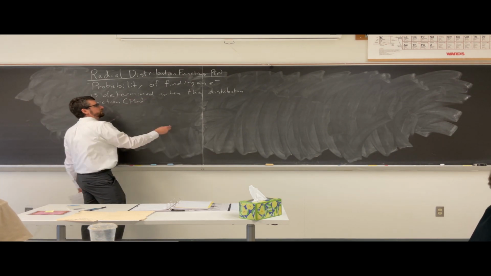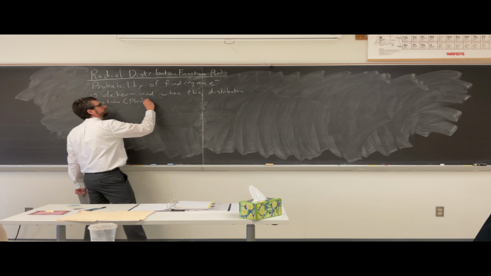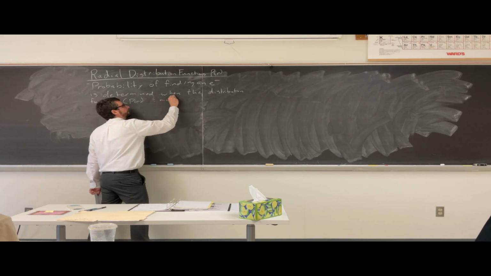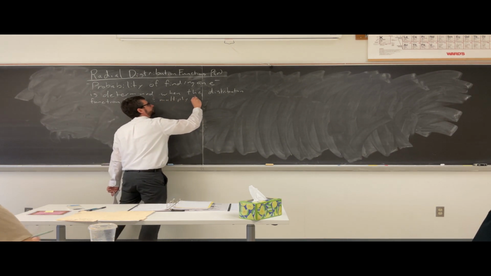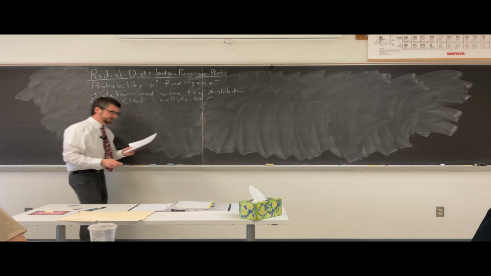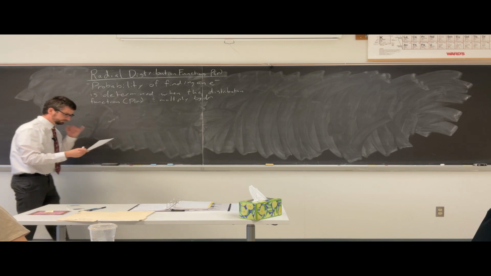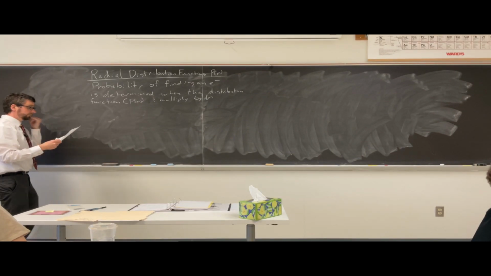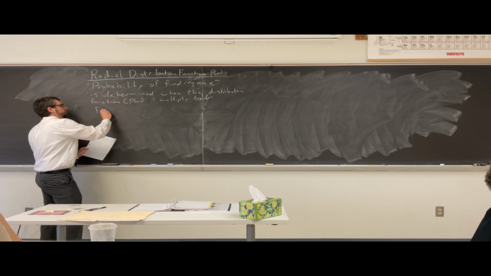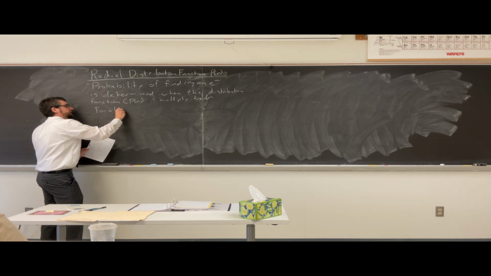So we have this distribution function, and we multiply it by R, whatever distance from the nucleus, dr. A 1s orbital.